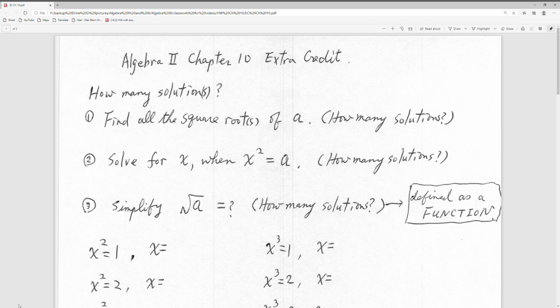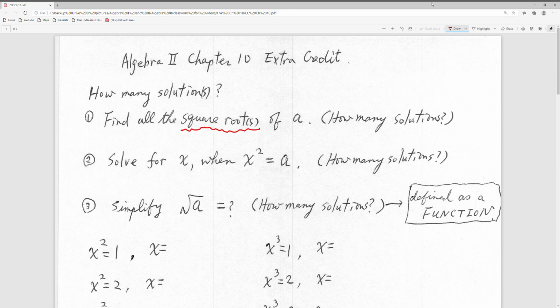Now, when you have a question talking about find all the square roots of A, so let me choose the color. Find all the square roots. So chapter 10, mostly we are talking about the square root.